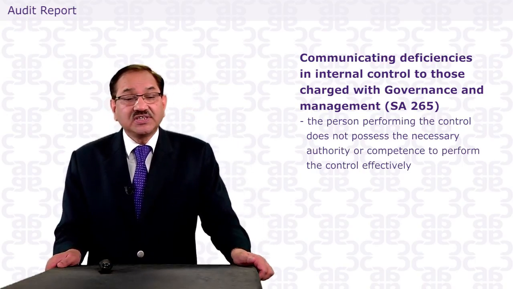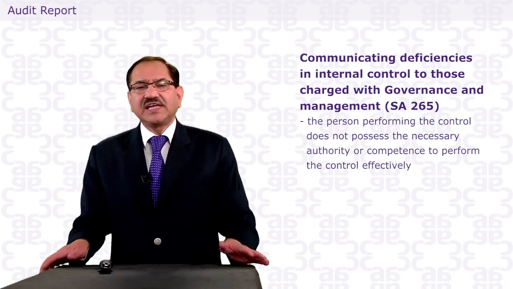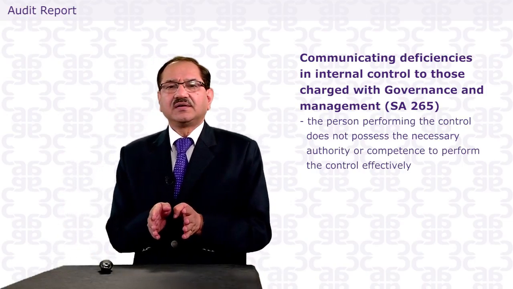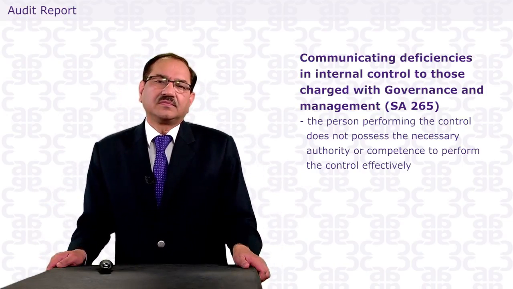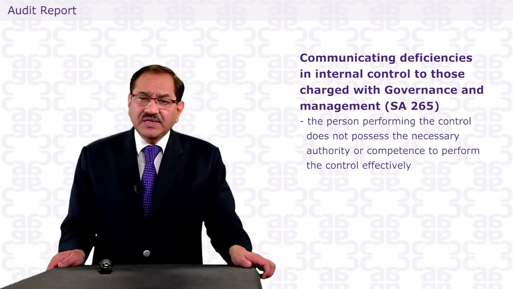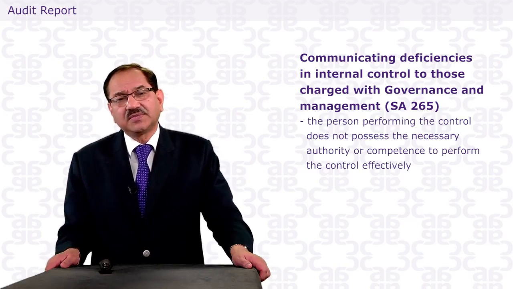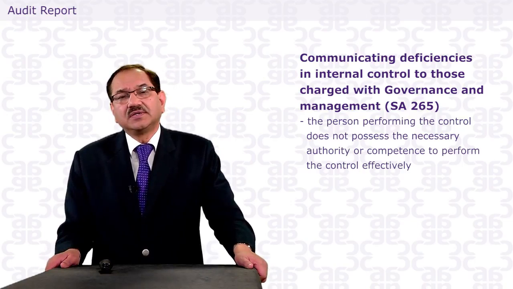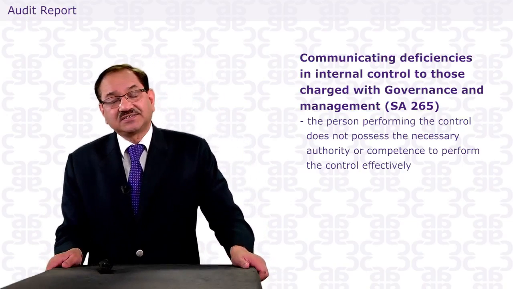He does not possess the necessary authority. He has not been given a list of the directors. He has no authority to ask who the directors of these companies are. He has not been supplied the change in directors.